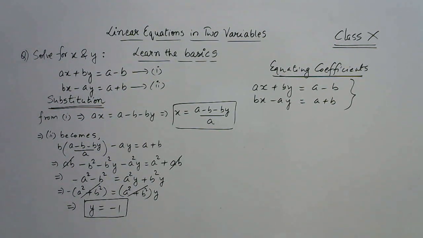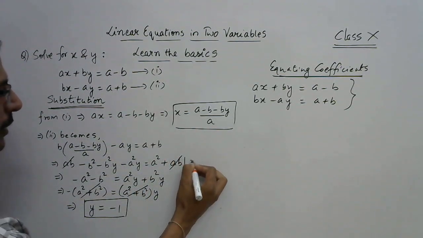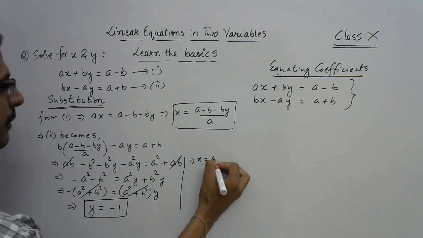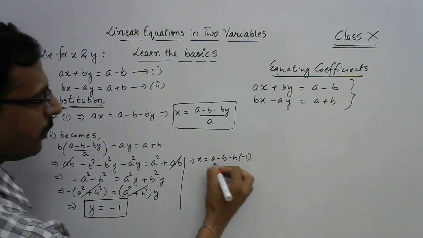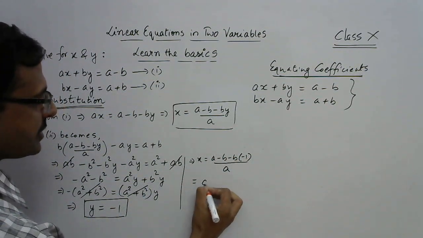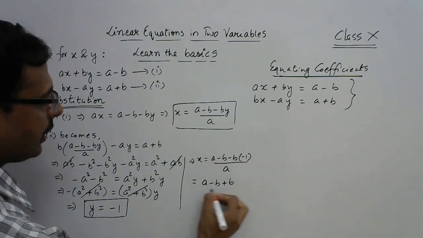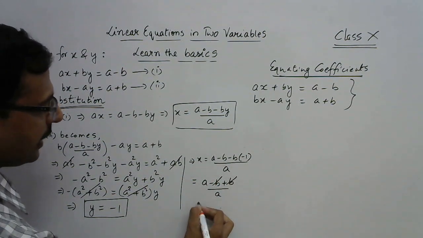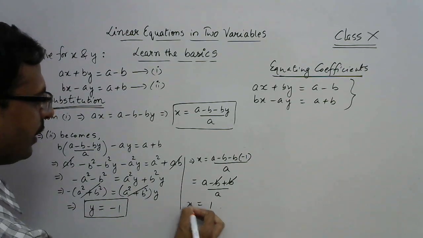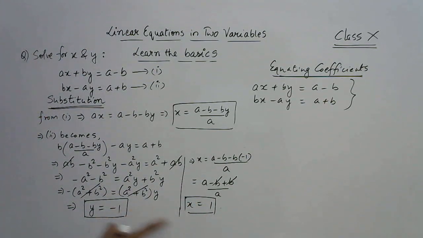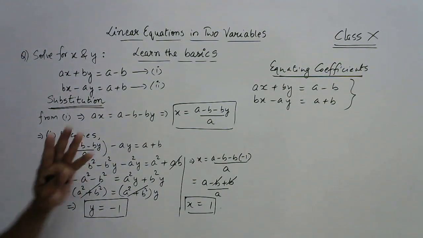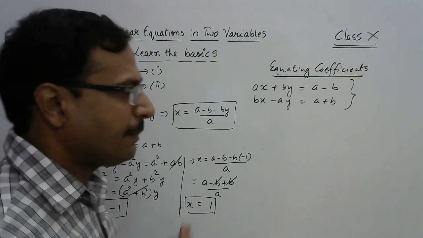So here you have the value of y, and if you put it here, the value of x will be (a minus b into y, y is minus 1) upon a, so this is (a minus b plus b) upon a, so b gets cancelled and a upon a becomes 1. So x is 1 and y is minus 1. This is the solution of this question. This is the substitution method applied to this question.